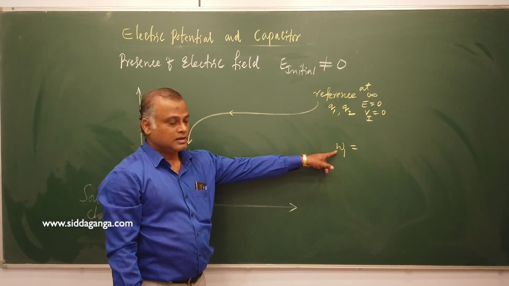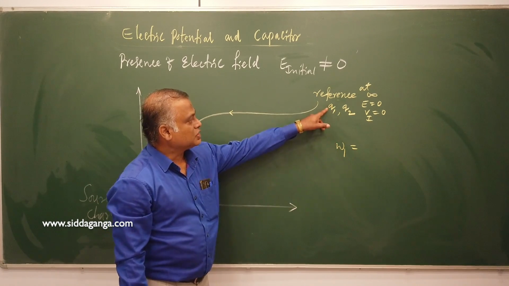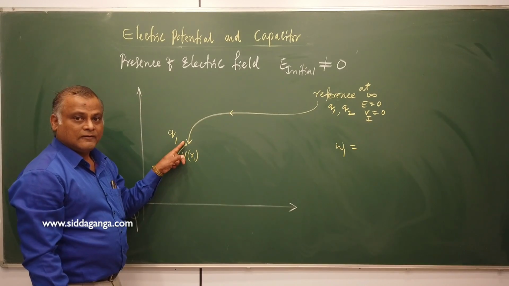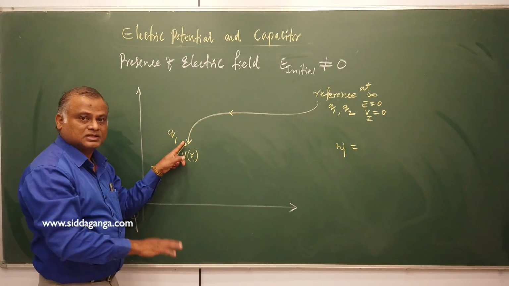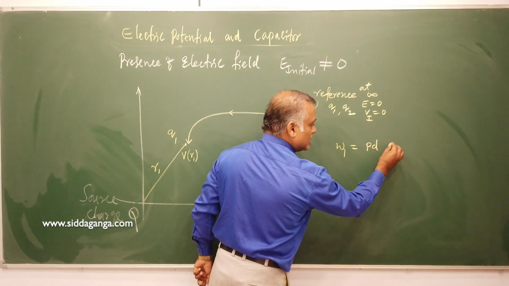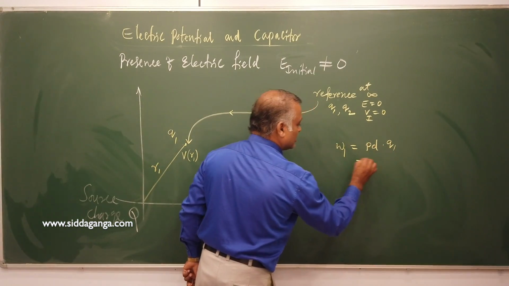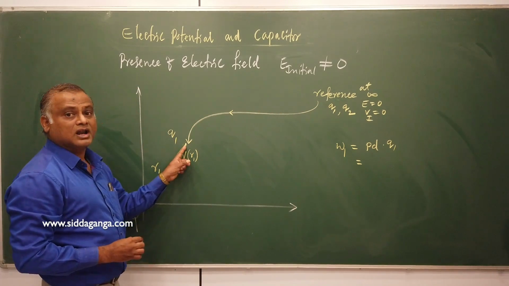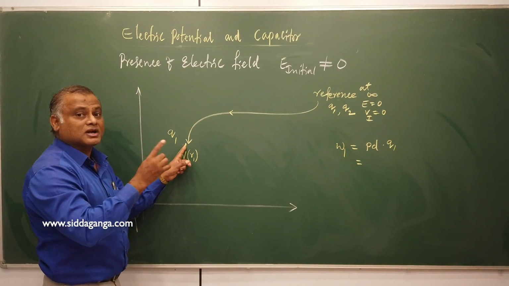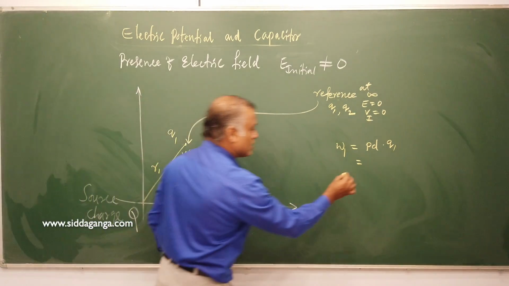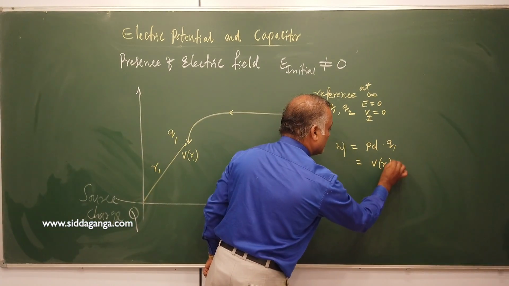Work done in carrying a charge Q1 from infinity to the point where electric field exists is potential difference into charge. Can you recall what this potential is? V final minus V initial, potential difference. I write V of R1 into Q1.